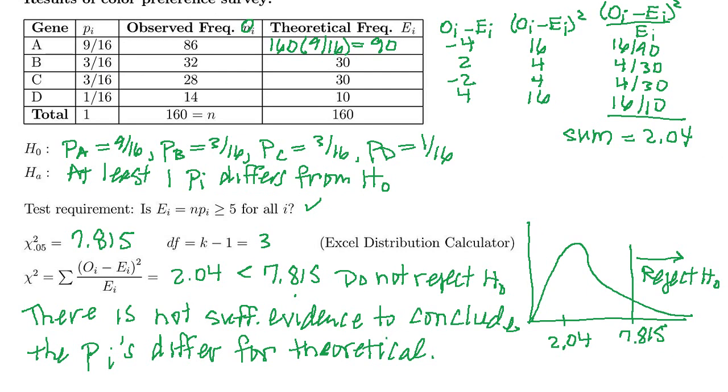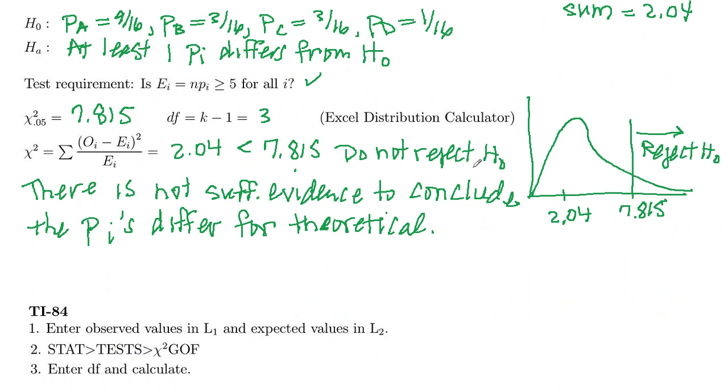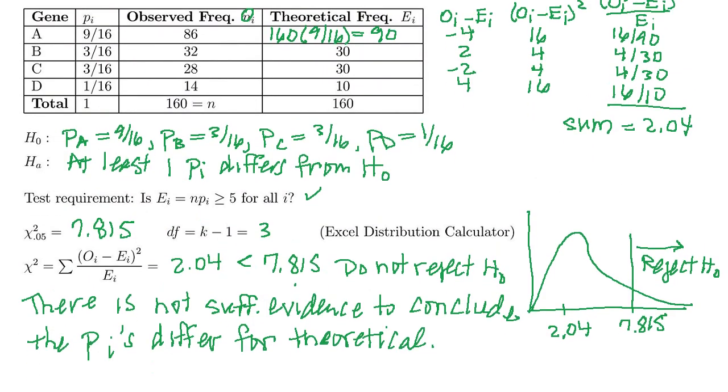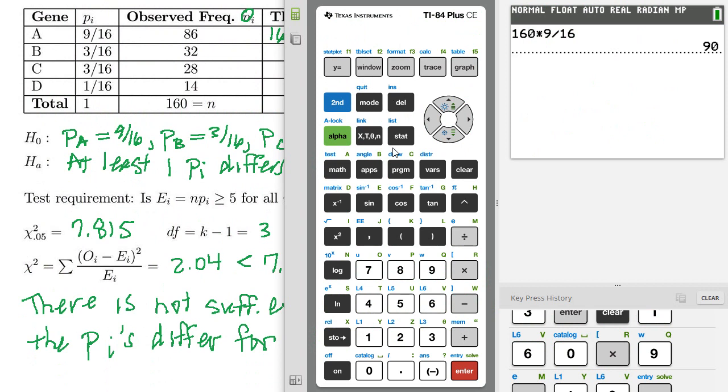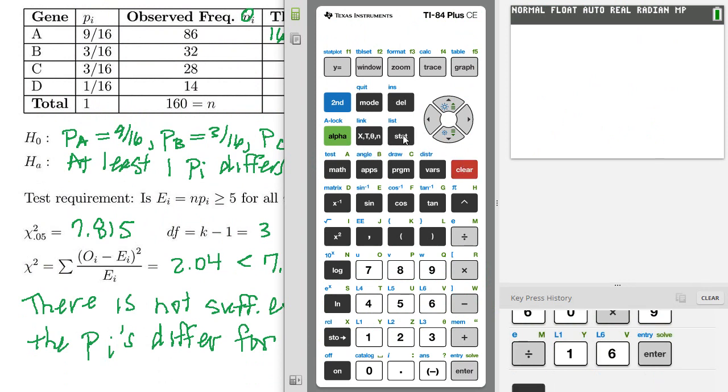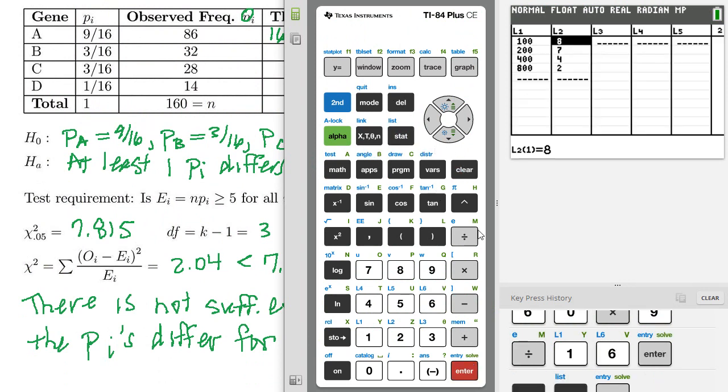Now you can compute your test statistic and also the p-value. You can use a p-value method for this on the TI-84. You enter your observed values in the first list and your expected values in the second list. So let's do that real quick. We will go to Stat and then Edit. You want to clear out your lists if you have them.